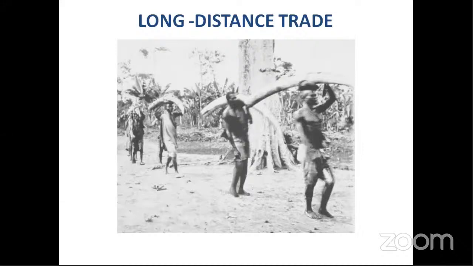After carrying the ivory to the coast, they could also be sold as slaves. Are you getting it? So you are carrying the goods to the coast, and after taking the goods there, you are also sold as a slave. So that is how it happened. And you can see people walking, carrying the ivory. Okay.